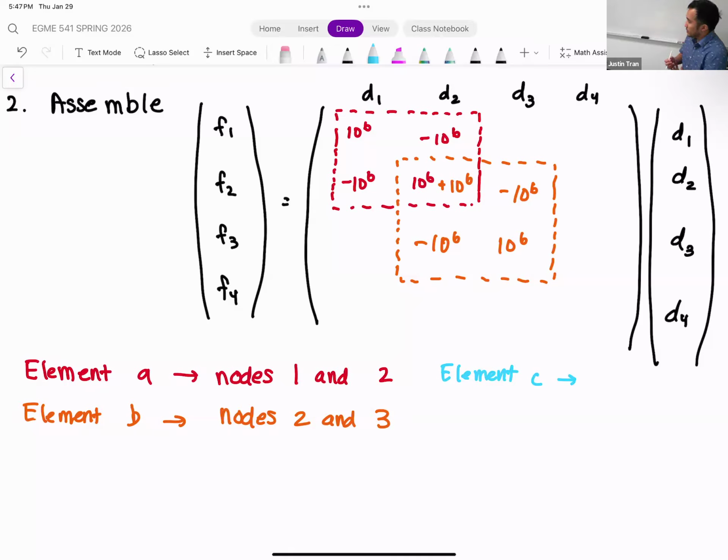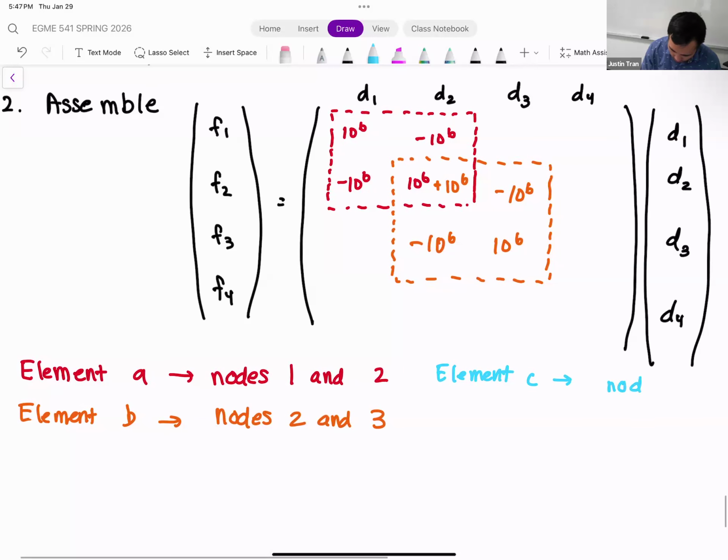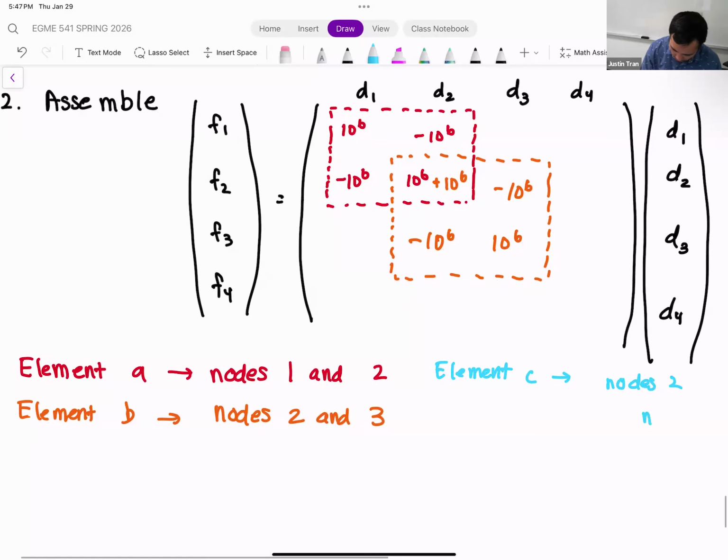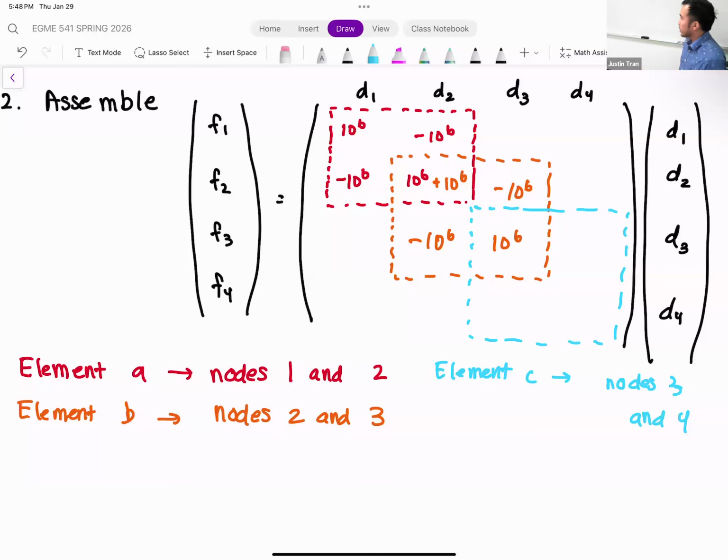All right, and then finally we have element C. Element C we know is connected to nodes 3 and 4, excuse me. All right, so let's partition that area once again. Here we have a pretty straightforward case. All the elements are in a row.